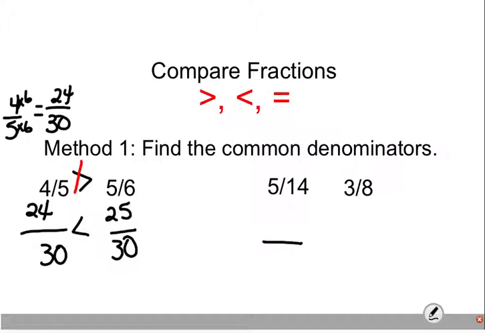What's 14 times 8? 112. Oh, that's my new denominator. And so then I have to do 8 times 5, which is 40.